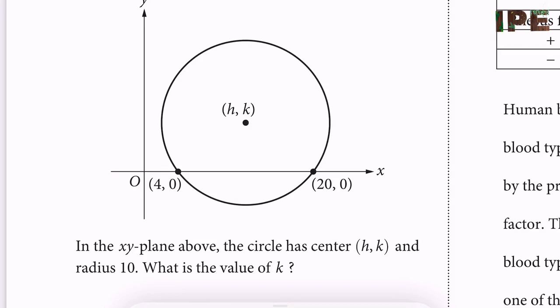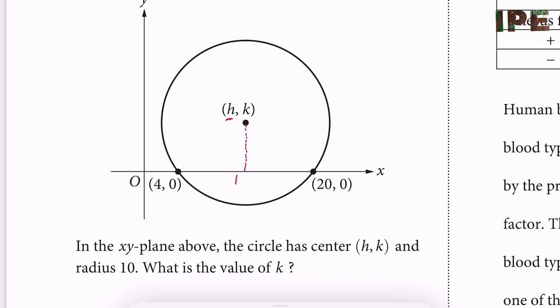In the xy plane above, the circle has center (h, k) and radius 10. What is the value of k? We know 2 points on the x-axis, right? The intersection points with the x-axis are (4, 0) and (20, 0). So where is the x coordinate of the center of the circle? That is h.